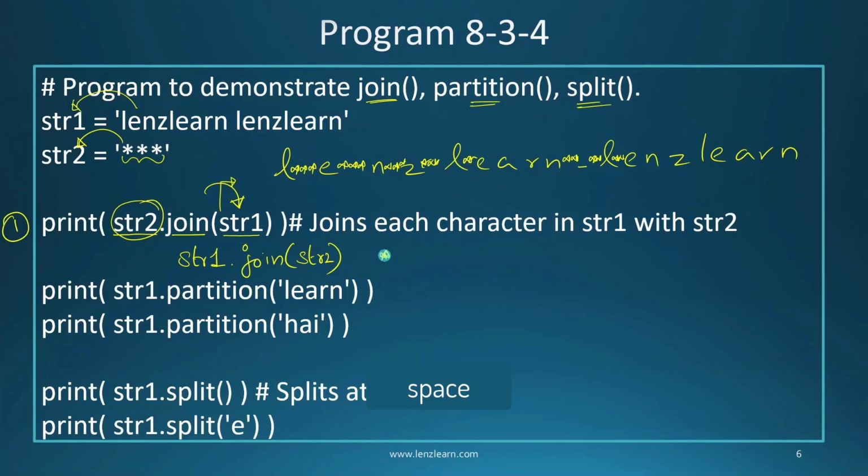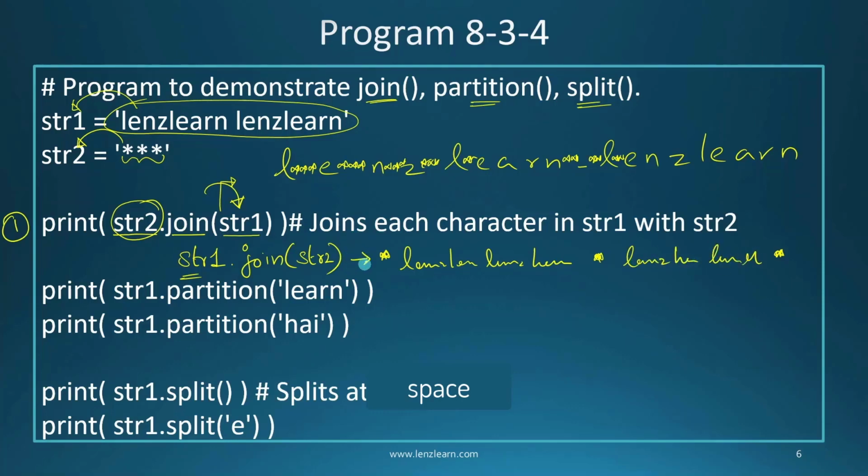The first star will be printed, I will put a big space, the second star will be printed, I'll put a big space, and the third star will be printed. So str2 is printed, and in between these str2 characters I will insert this entire thing, that is str1. So I will write here "lens learn, lens learn", then here also I will write "lens learn, lens learn".